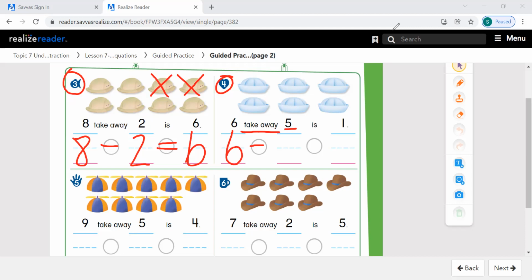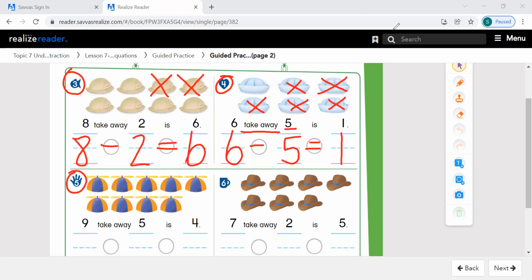Let's mark X's on 5 hats. 1, 2, 3, 4, 5. So we are taking away or subtracting 5 hats. What will that equal? 6 minus 5 equals 1. 1 hat remains.